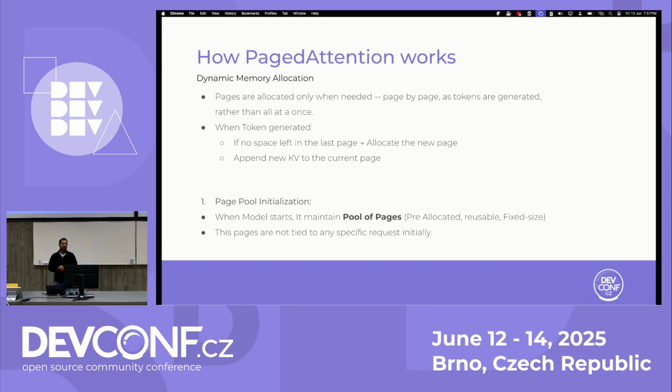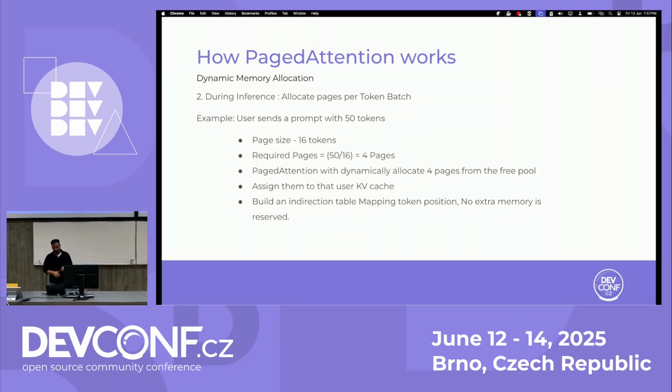Page pool initialization means that when the model starts, it will maintain a pool of pages, a bunch of pages kept there, and as requests come, it will assign those pages to the requests.